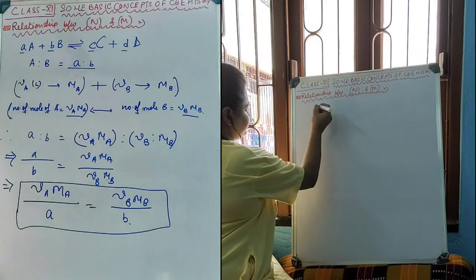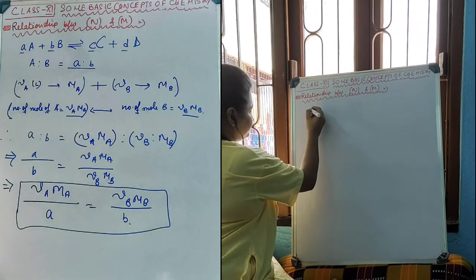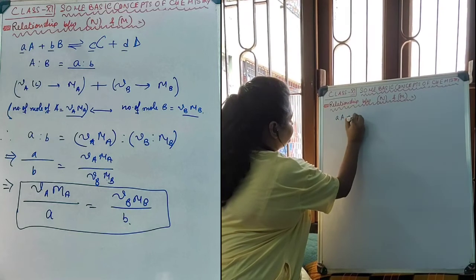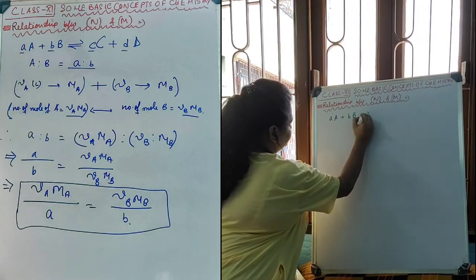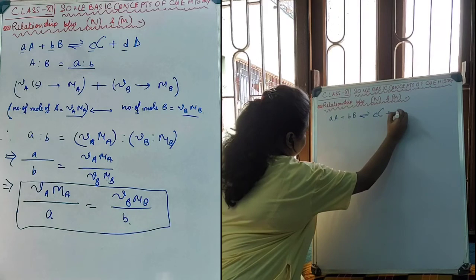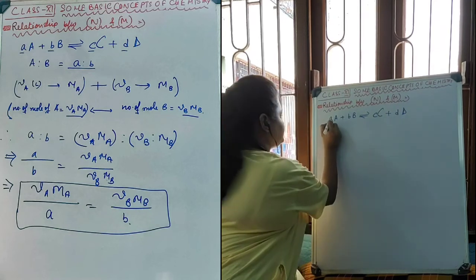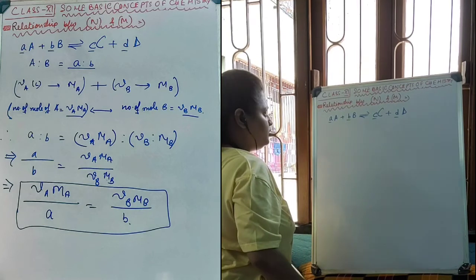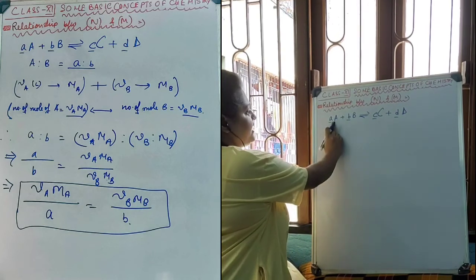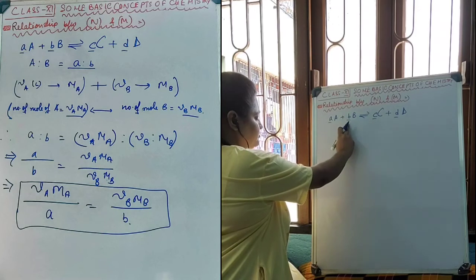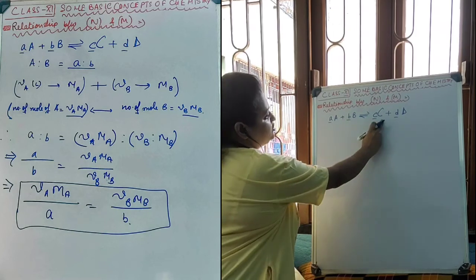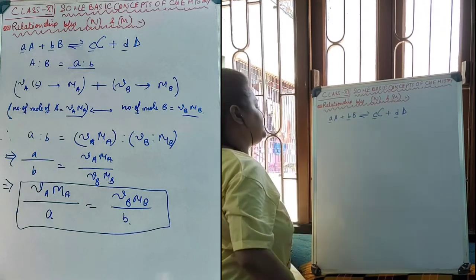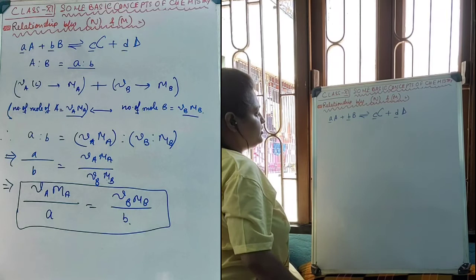Let's take an example of this particular general chemical reaction. a of A is reacting with b of B to produce c of C and d of D. Now these a, b, c and d are the amounts or mole numbers of A that is reacting with b mole number of B and producing c mole number of C along with d mole number of D. These are known as stoichiometric coefficients.